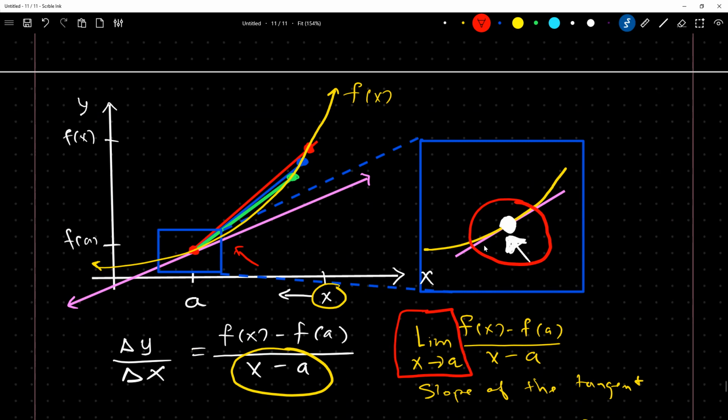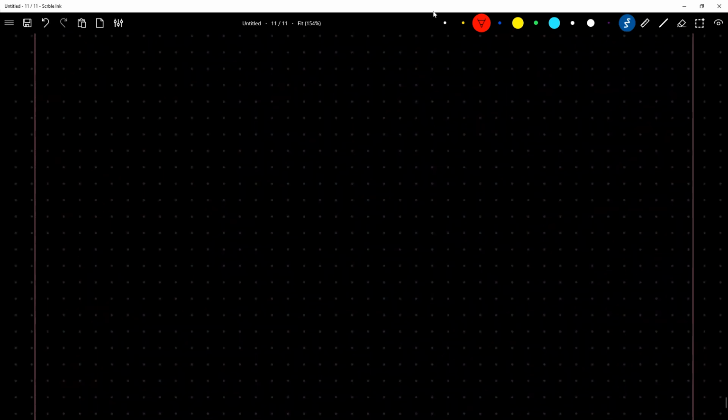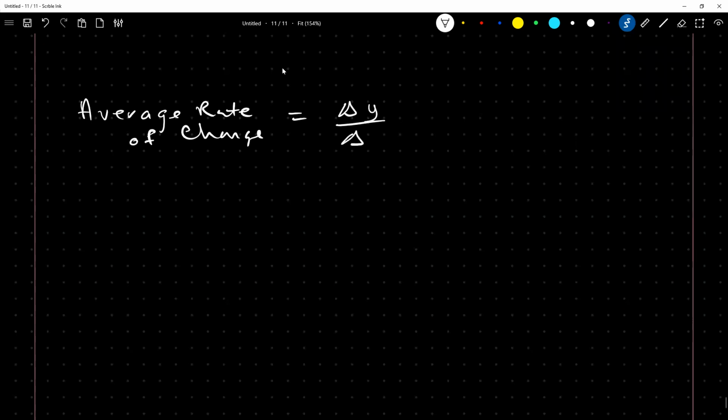The things we need to take away, well, three things really. The first one is the average rate of change. So make sure you have this formula. The average rate of change formula is delta y over delta x, which is, using this notation now, f of b minus f of a over b minus a.